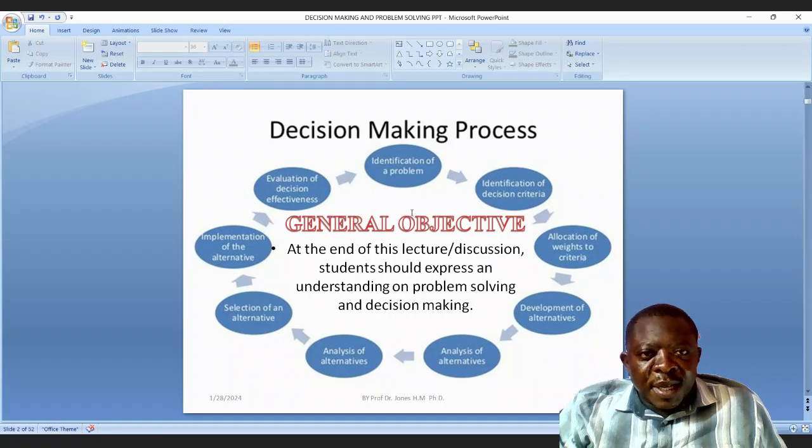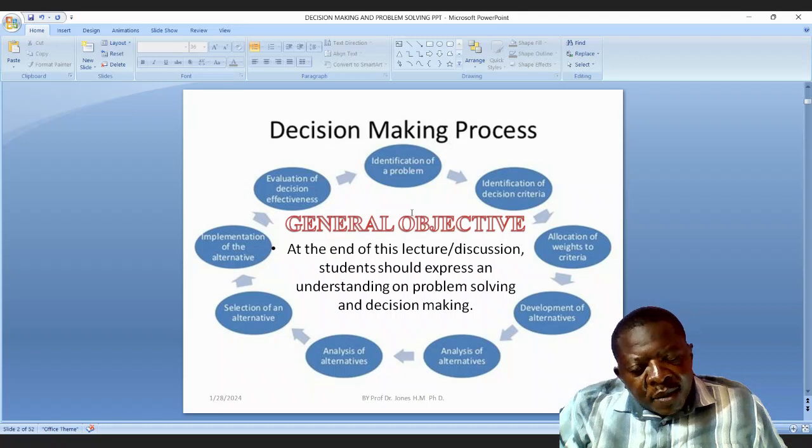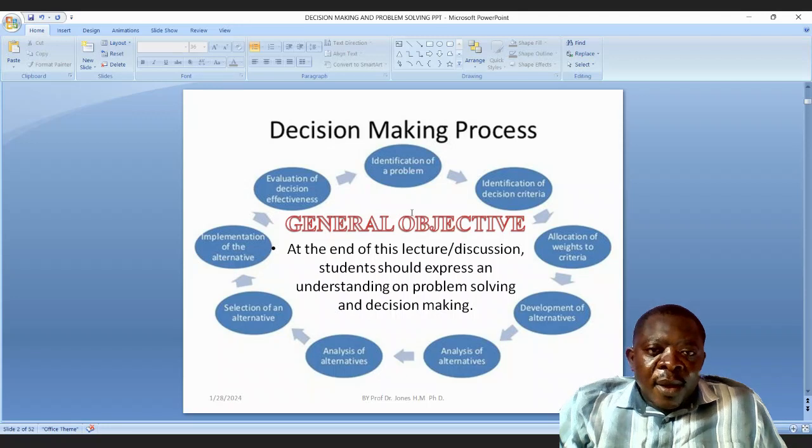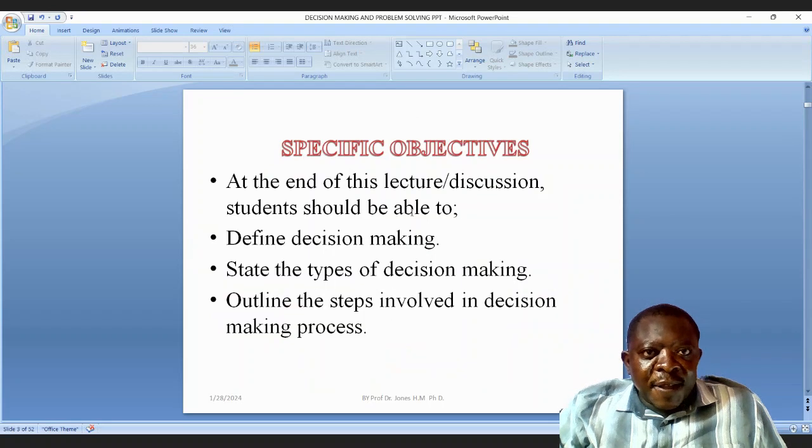The decision making process and the problem solving process are the same, or most of the time, we just look at the steps that have similar actions. So the decision making process steps and the problem solving steps, here we can say they are the same. So the general objective is that you should have an understanding of problem solving and decision making.